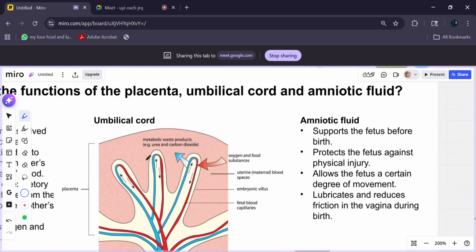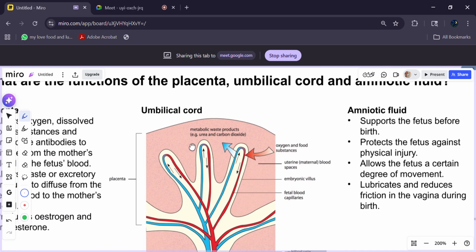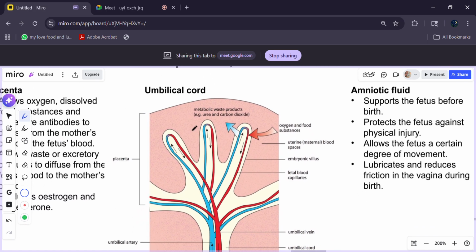The umbilical cord attaches the fetus to the placenta, and it contains the blood vessels of the fetus. It contains two umbilical arteries that transport deoxygenated blood and metabolic waste from the fetus to the placenta, and one umbilical vein that transports oxygenated blood and food substances from the placenta to the fetus.